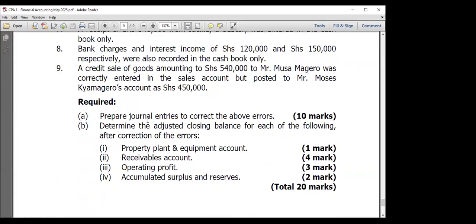Part A, prepare journal entries to correct the above errors, carrying 10 marks, which means if you've not understood errors, you've already lost 10 marks on that question. You have to gamble with the others. So correction of errors, 10 marks.